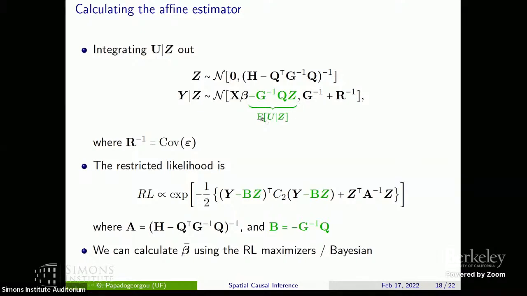So if we can estimate this quantity, the expectation of U given Z, then we'll be able to add this back in and acquire an unbiased estimator for beta 1, the causal effect of interest.